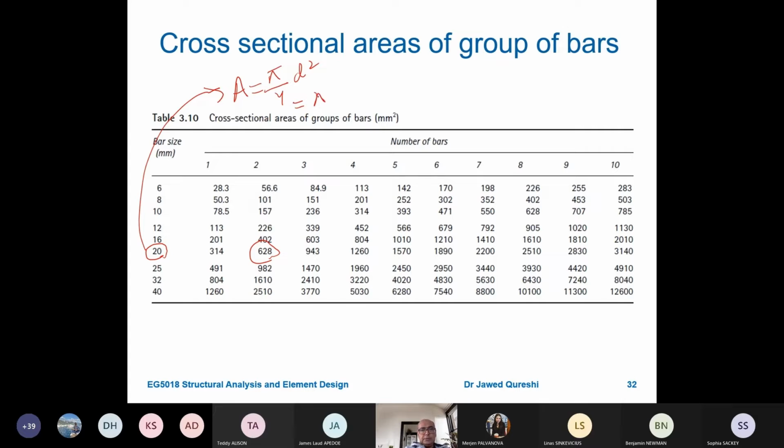For 20, it would be pi by 4 into 20 squared, which is roughly 314. Here you can see that you have this 314, and if you multiply it by 2, you get this. So in this table, you don't have to work out the area again and again. It is simply the area of a circle because bars are circular.